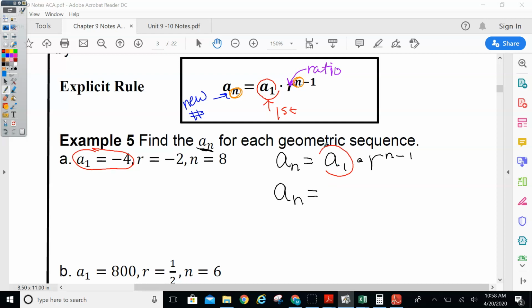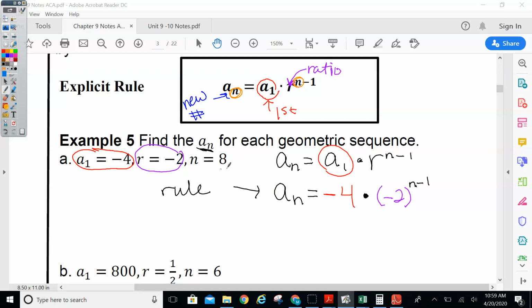So this part is -4 times... it tells us what r is as well. r is -2. I'm going to put that in parentheses, and I'm going to leave it as n minus 1. So right here, this is the explicit rule for this sequence.